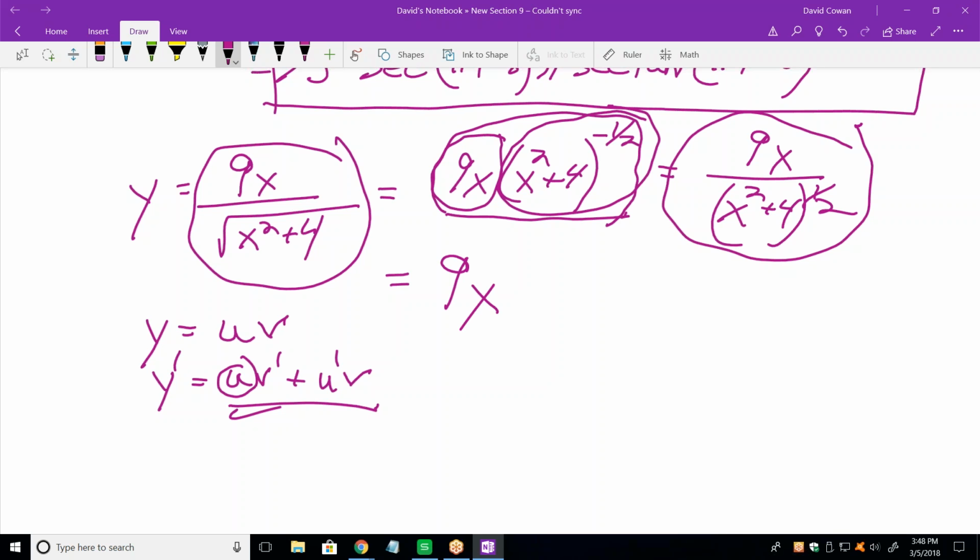There. Now, that would be v prime. 9x times, I'm sorry, is it 9x and then the u, or the v prime is negative 1/2 times x squared plus 4 to the negative 3/2?